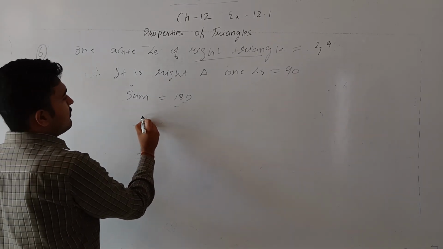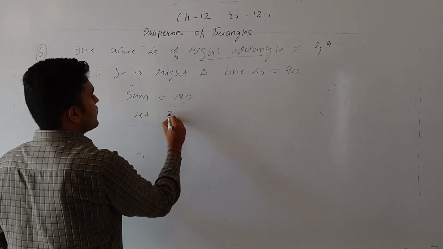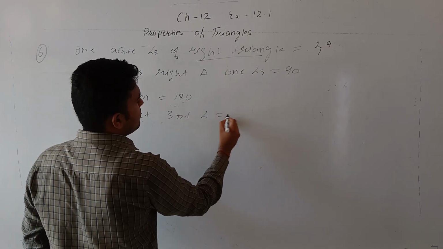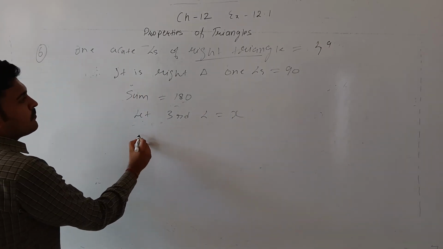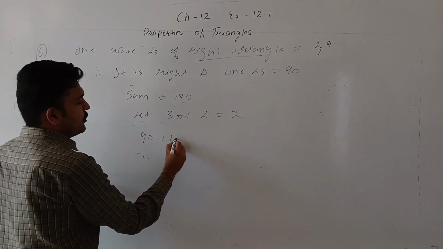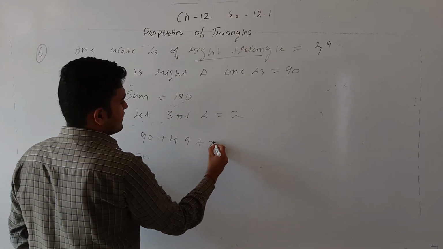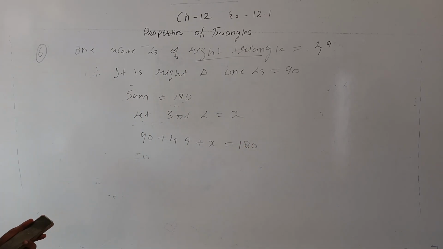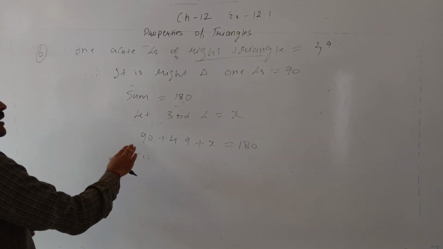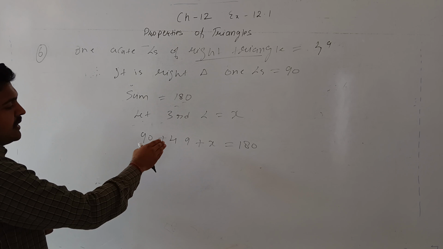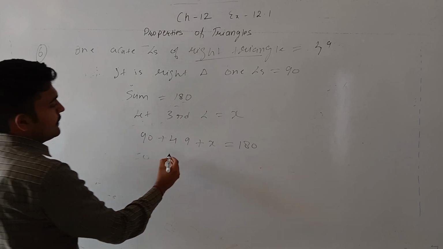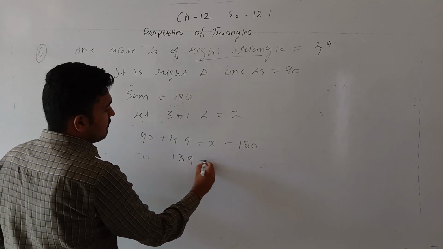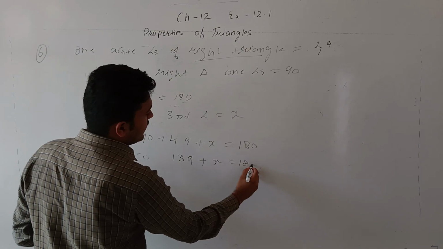Let the third angle be x. Therefore, 90 plus 49 plus x must be equal to 180. So 90 plus 40 is 130 plus 9 is 139. 139 plus x is equal to 180.